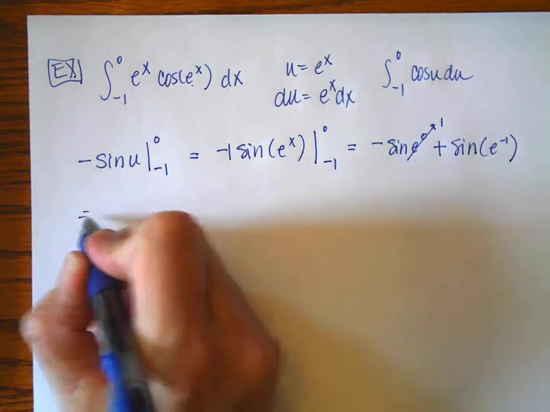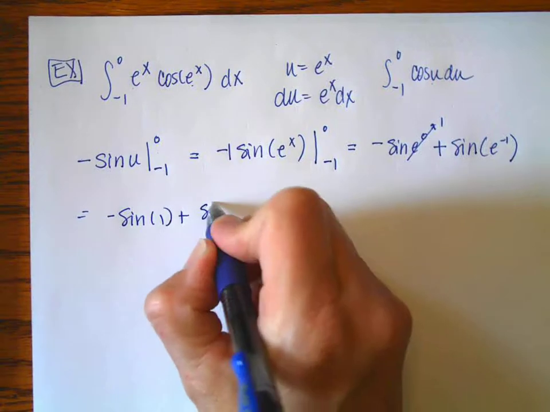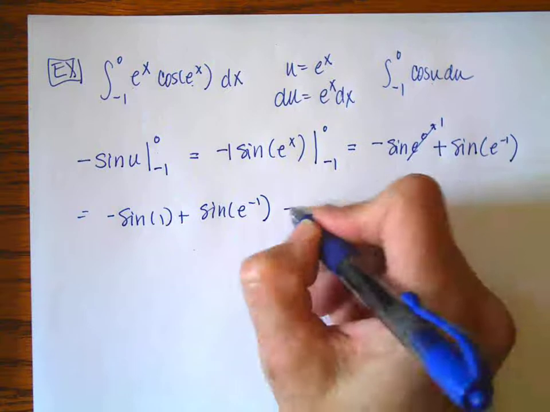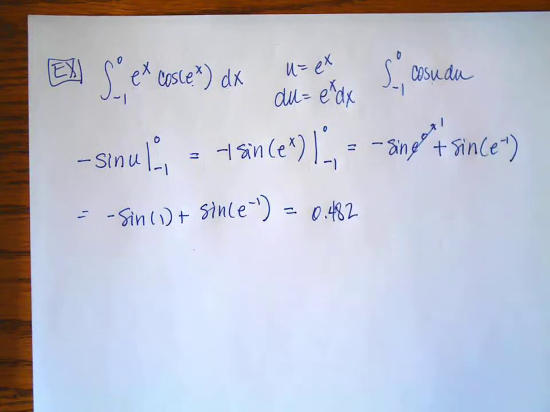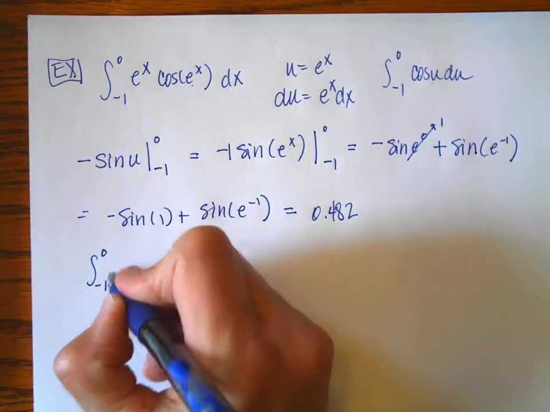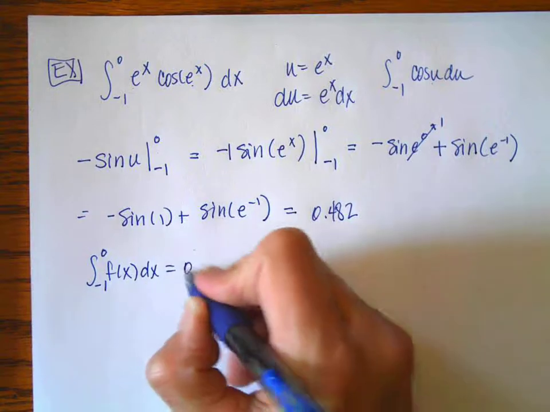This part is 1, so I'm going to have sine of 1 minus sine of e to the negative 1. Calculator exercise, and I get 0.482.